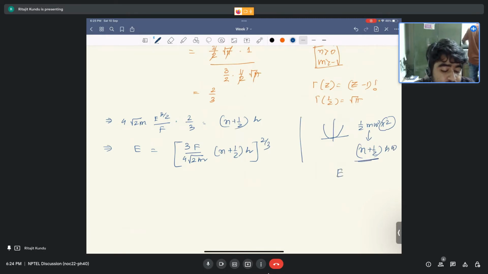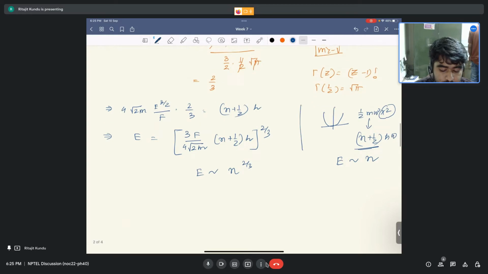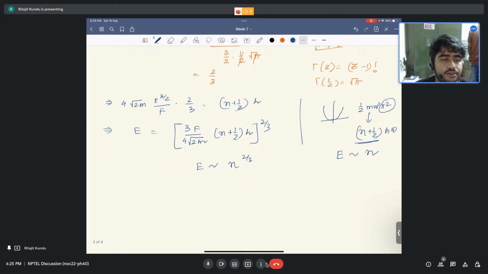Energy here depends linearly, but in this case the energy actually depends on n to the power 2 by 3 for large n. That is the biggest difference between the harmonic oscillator and this linear mod oscillator. Okay, so is this clear? Any questions?